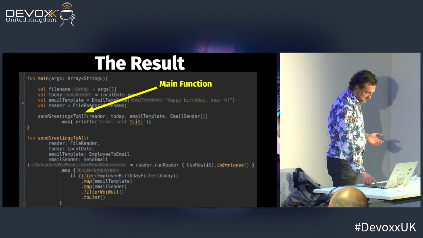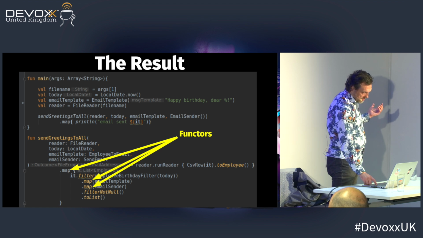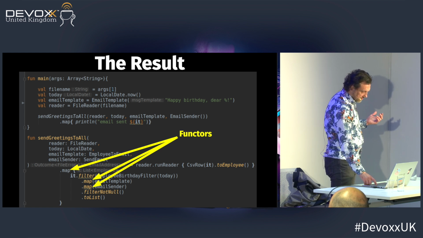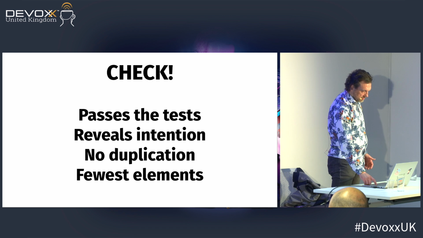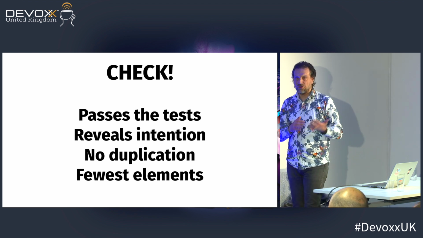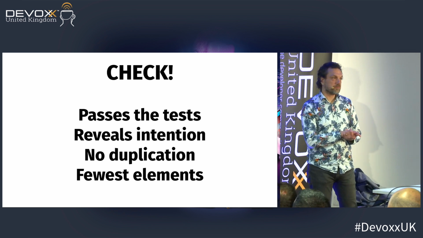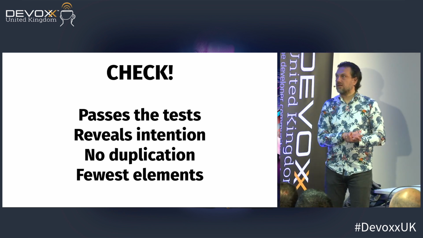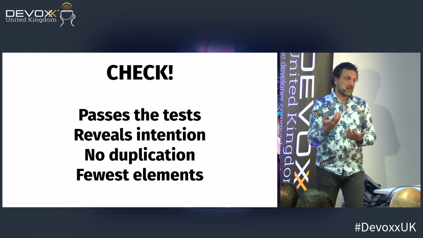But yeah, okay, so let's make some things clear. This will be the main function, and these are all our functors that we use to solve it. And this is how we go back to the 4 rules of simple design. And you can see that it passes the test.